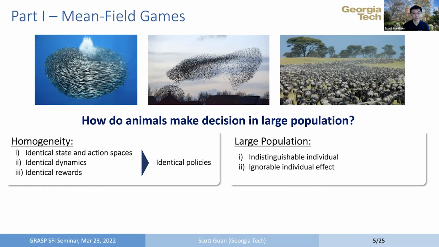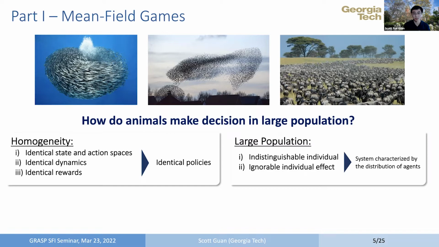The second characteristic is the extremely large population. As a consequence, individuals are indistinguishable from each other. Individuals also have a negligible effect on the population behavior. For example, if I remove 1 or 2 birds from this swarm of birds, it probably wouldn't change much the flocking behavior. So this motivates us to characterize the system state using the distribution of the agents.